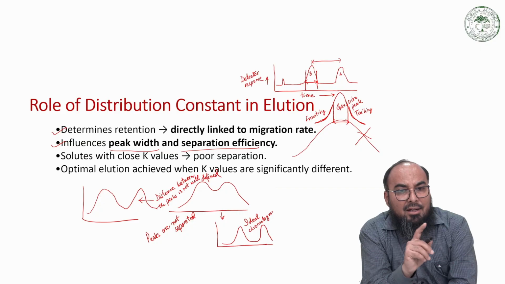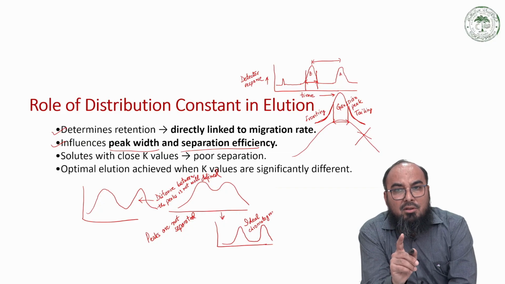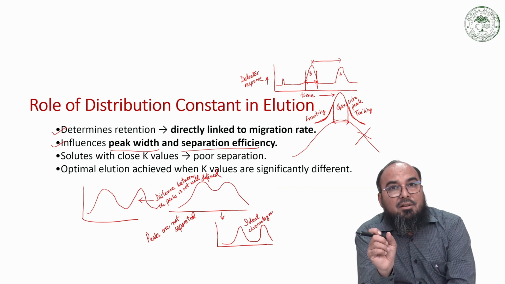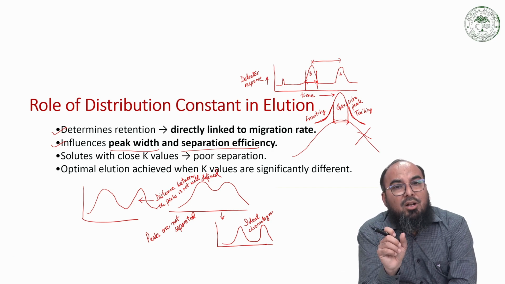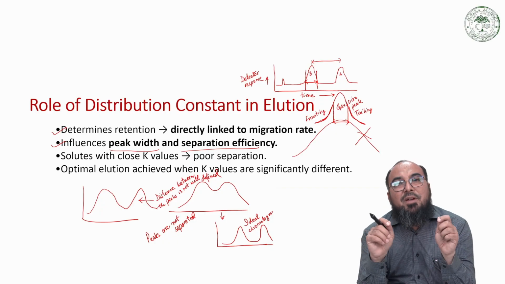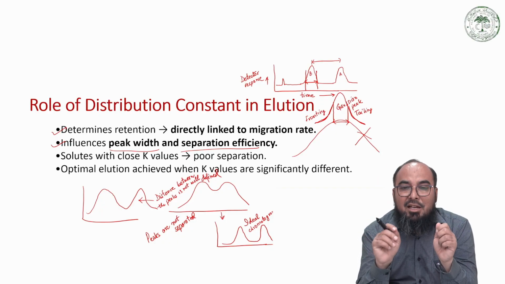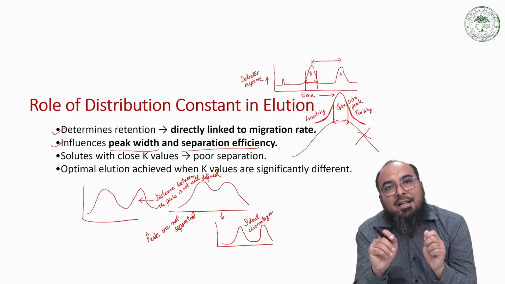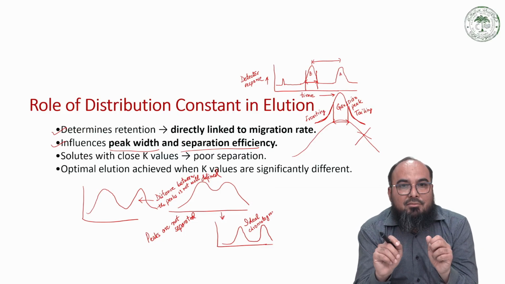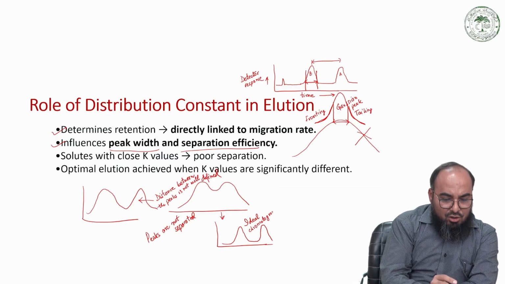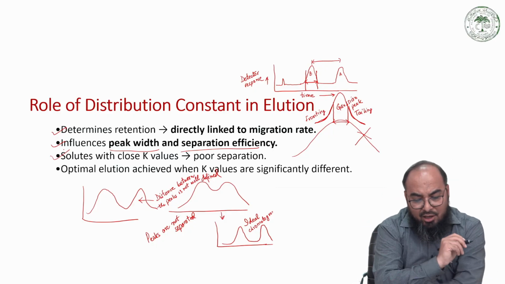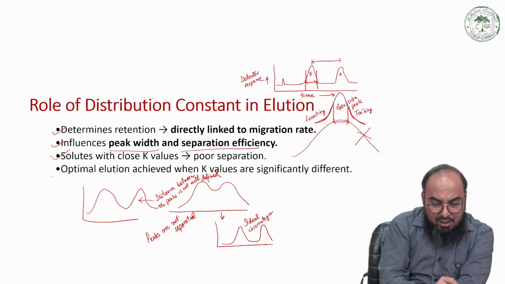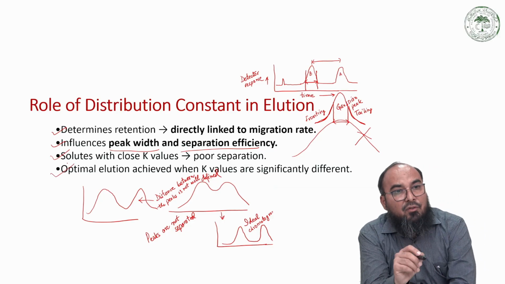So what we infer is that the KD value dictates the distance, and it also dictates the width of the peak. So the width of the peak must be kept as small as possible, and the separation of the two peaks must be kept as big as possible, keeping in mind the time. Time is also important in deciding the efficiency of any chromatographic column. So solutes with close values of K give poor separation, and we have optimal elution when K values are significantly different.